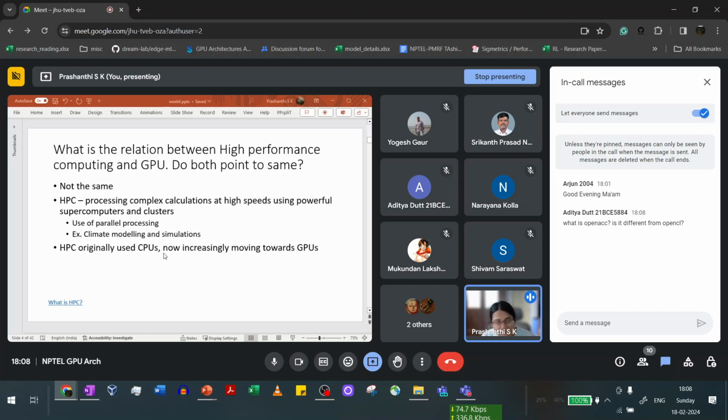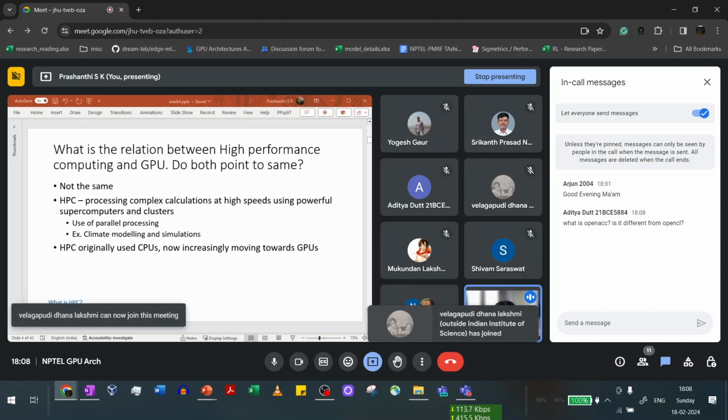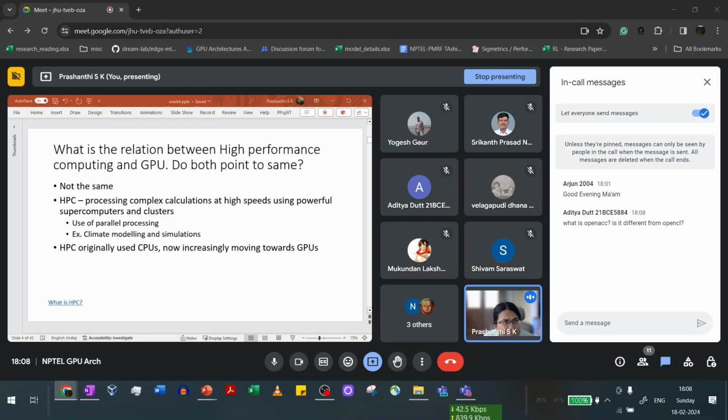Let's look at the next question we had. What is OpenACC? Is it different from OpenCL? I don't particularly remember, so let me look that up and get back to you in the next class. But we also have dedicated sessions in the later weeks, where a little bit of OpenCL is covered. Let me quickly look at that.